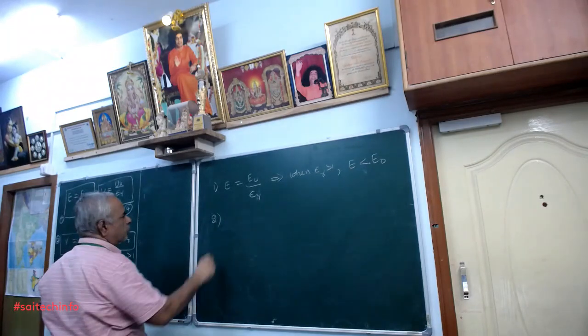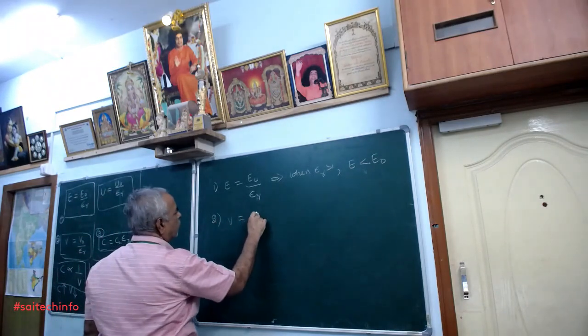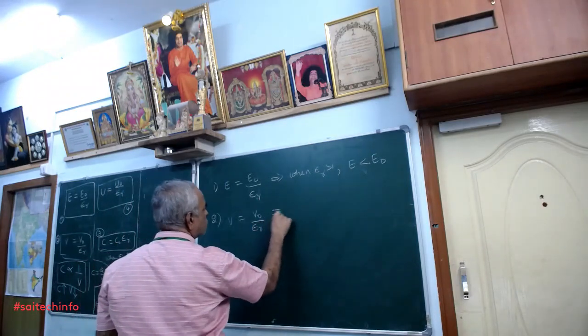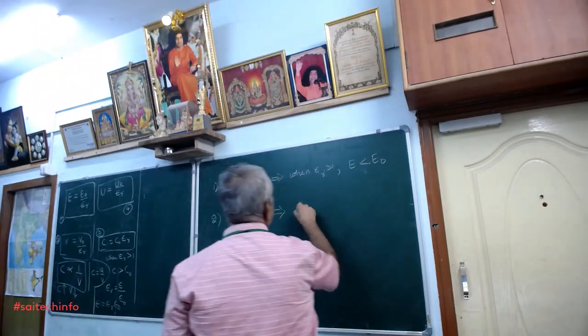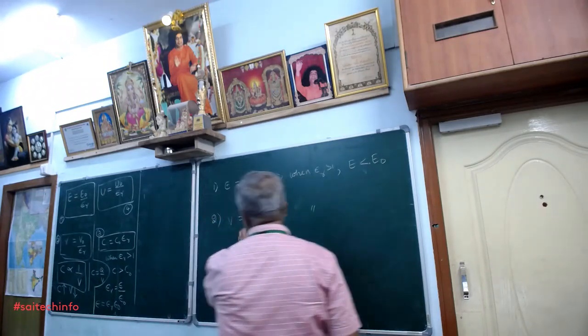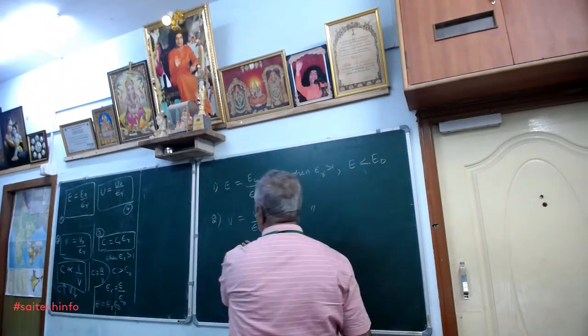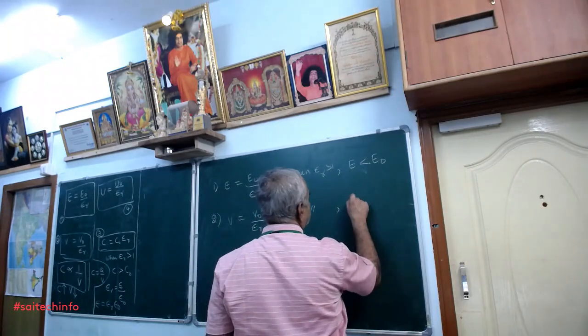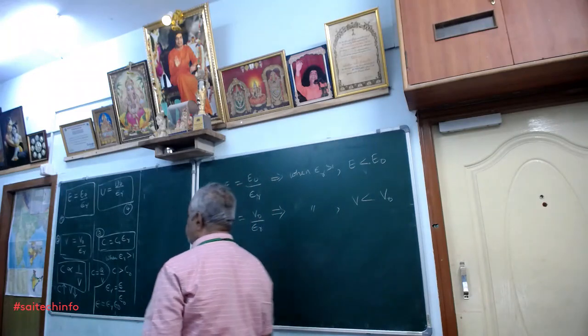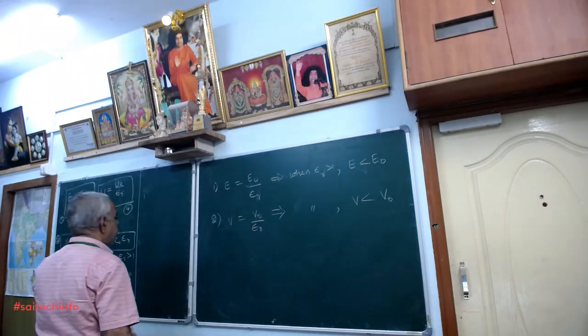Second equation is V is equal to V naught by epsilon R. It means that when epsilon R is greater than 1, it pulls down the value, is it not? So V is less than V naught, the potential difference. And what about capacitance?